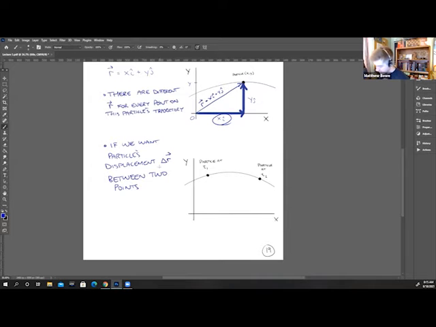I think we all know by now that delta R is just the difference in where it currently is versus where it was. So final minus initial. In this case, if the particle is going that way, it will be R2 minus R1.